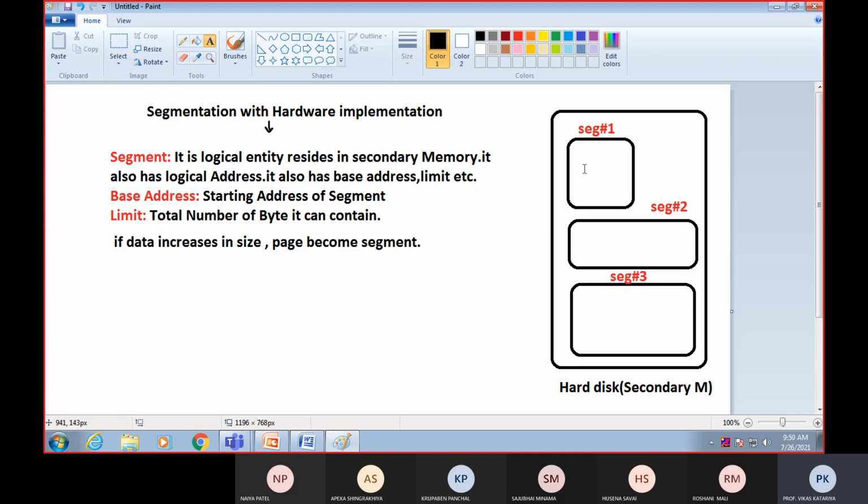So that logical address needs to be translated to a physical address, because we want to execute those segments, and in order to execute, the segments must be in the primary memory. So we have to provide a physical address. Right now each and every segment has a logical address.